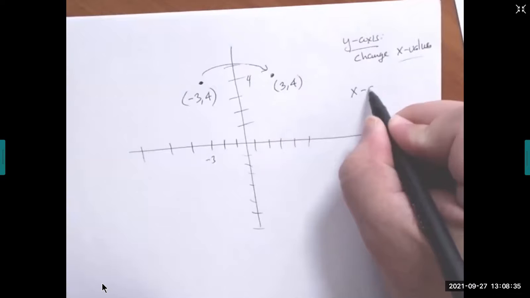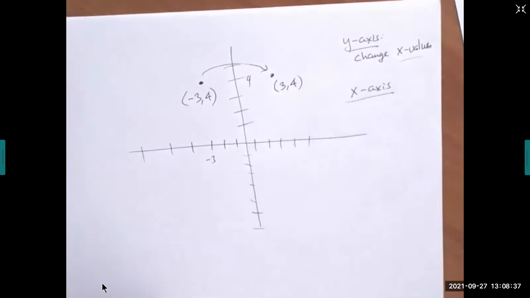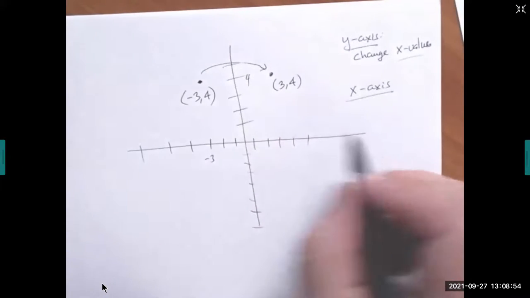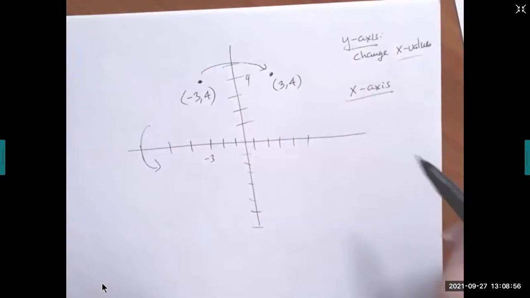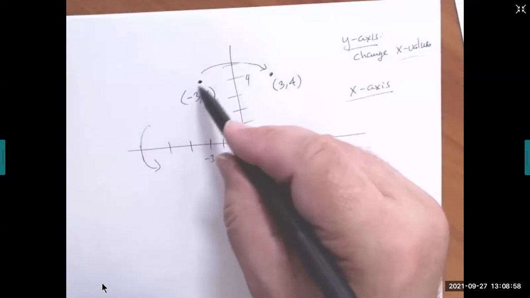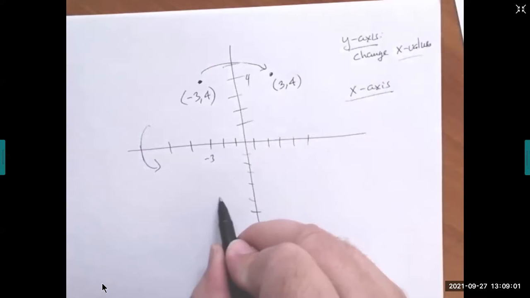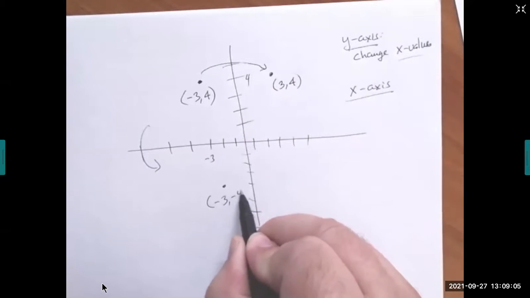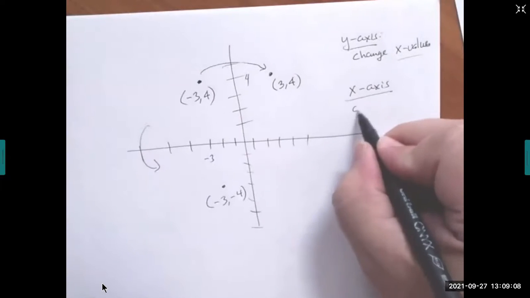Symmetric about the x-axis. Where would that point be? What's that? Very good. Because here's the x-axis, so we got to flip this way. So instead of -3, 4, it's -3, -4. You change the y's.